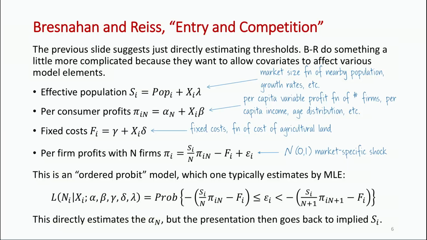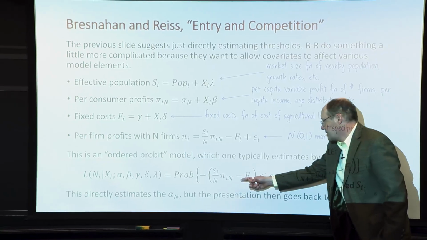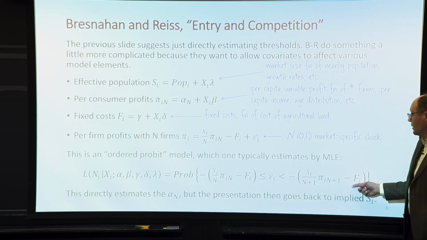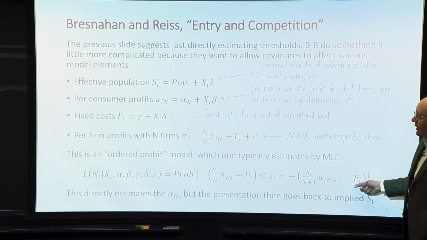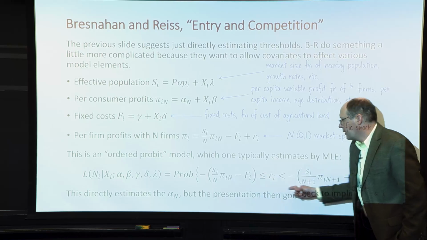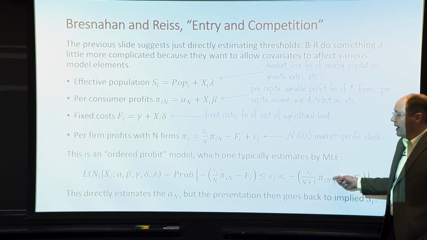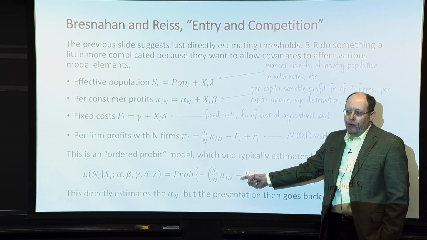So if you view epsilon as a random variable here, a random shock to fixed costs, we're going to observe n firms whenever epsilon is in this interval. It's between this and this. And so, given all the data and the parameters, you can compute the likelihood of this as just the normal CDF evaluated at this point minus the normal CDF evaluated at this point.